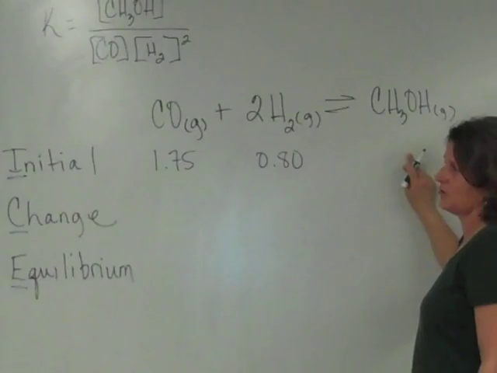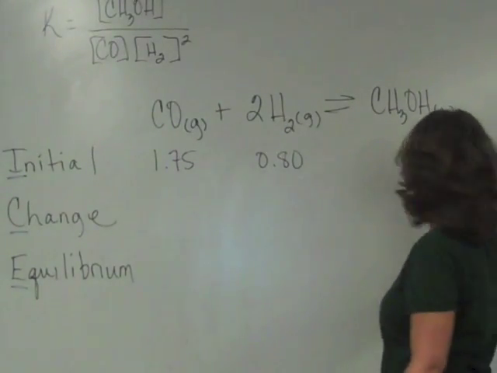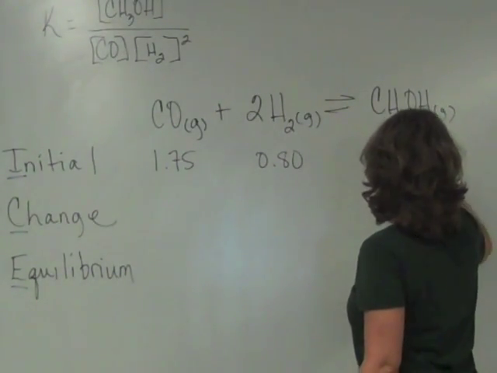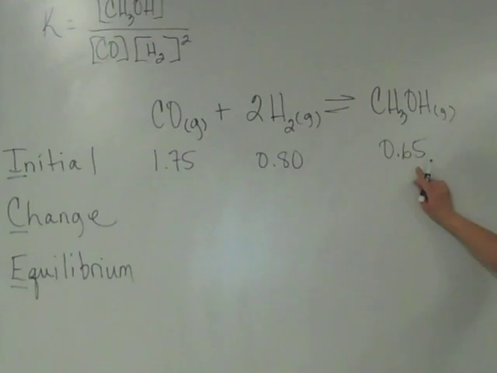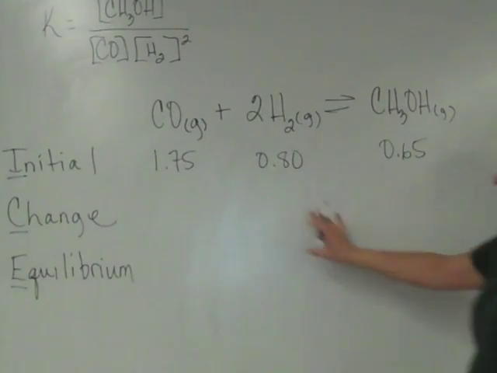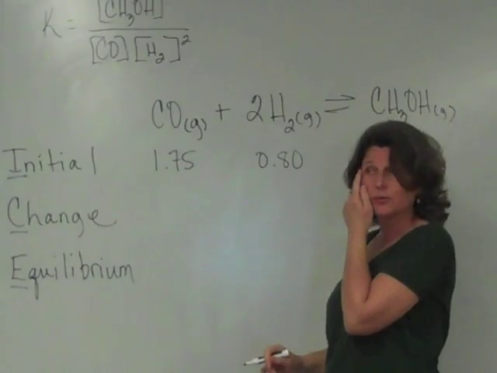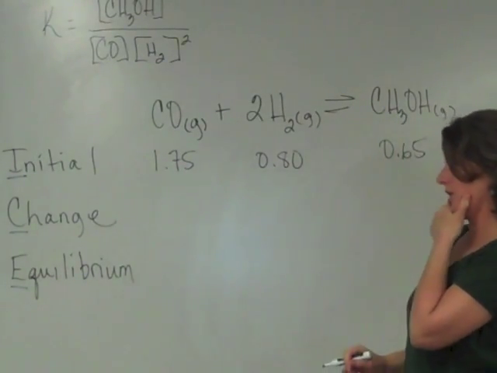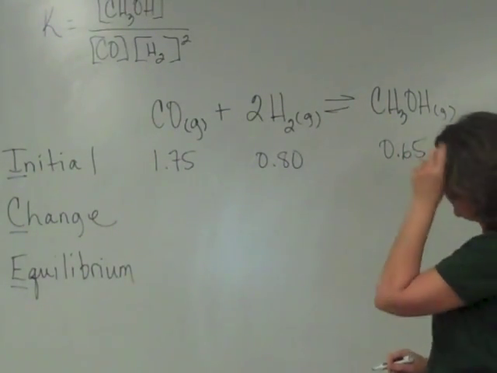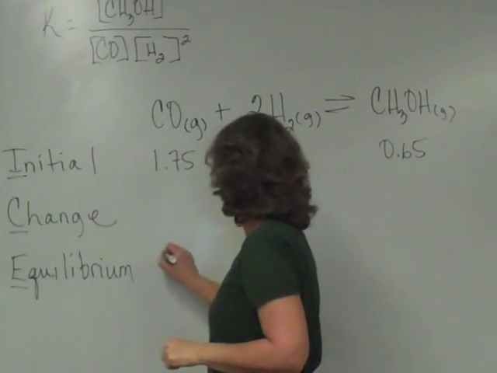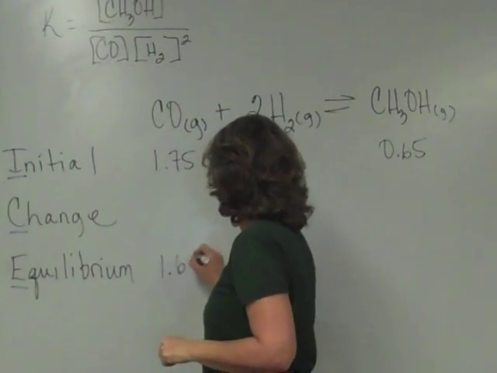My initial concentration of methanol is 0.65 molar. Now, what's the only other thing that I know that I can fill in here? Well, I know the equilibrium concentration of carbon monoxide. 1.60.